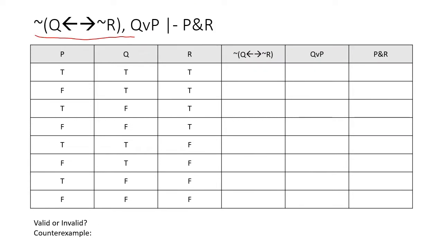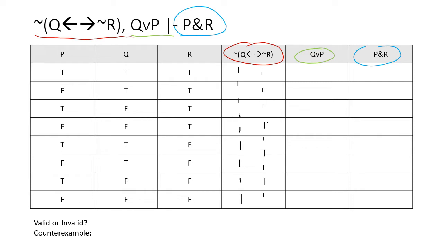Look at this next one. We have two premises. We've got one here, one here. Here's our conclusion. And so look at this first one. We've got multiple operators. We have a tilde outside the parentheses. We have a double arrow within the parentheses, and then we have a tilde within the parentheses.